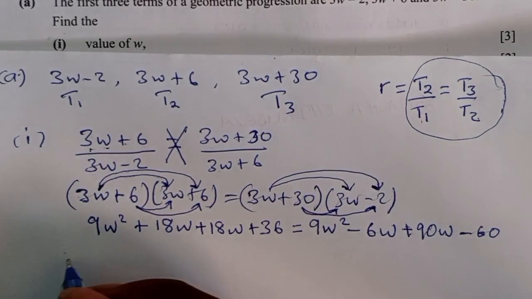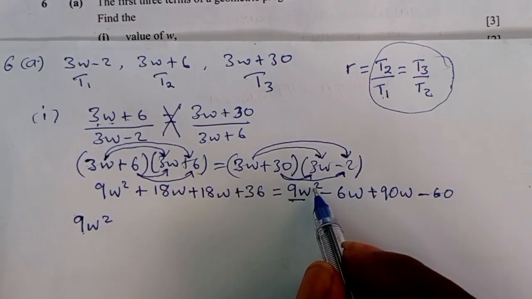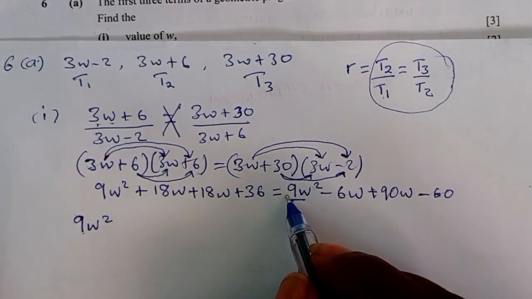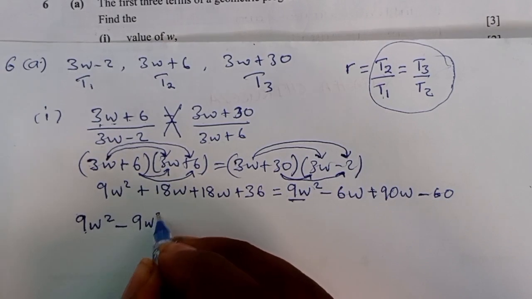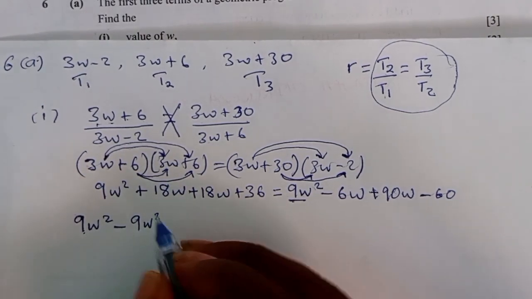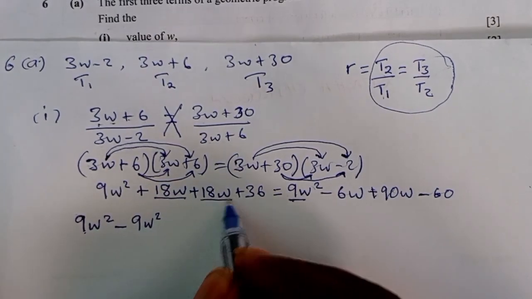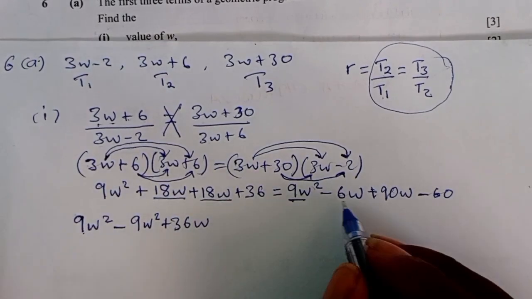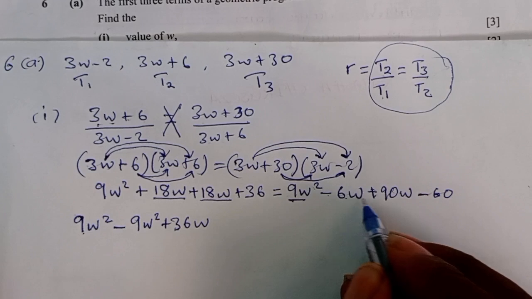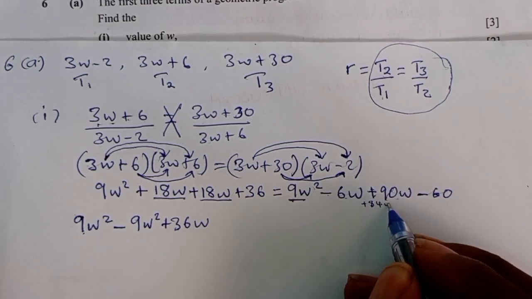So we have 9w squared. This 9w squared, it was positive. When it comes this side, it will be negative 9w squared. So this is 18w plus 18w, we're going to have positive 36w. So negative 6w plus 90w, we're going to have positive 84w.